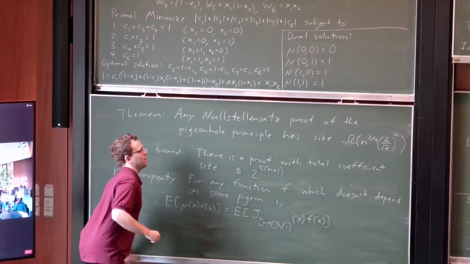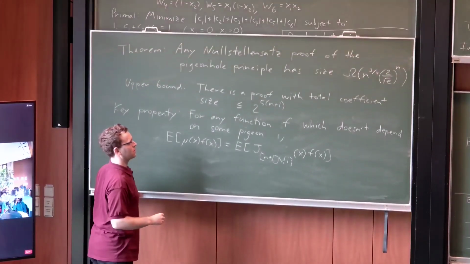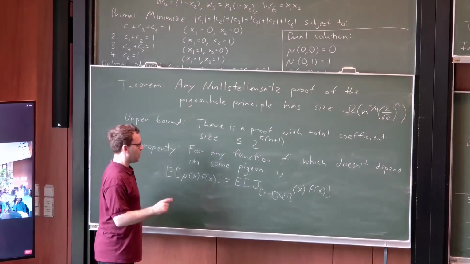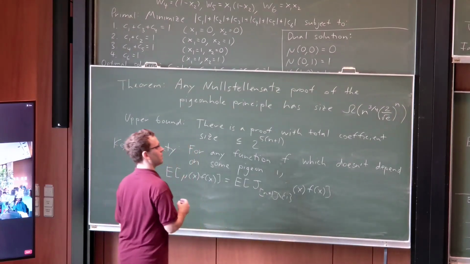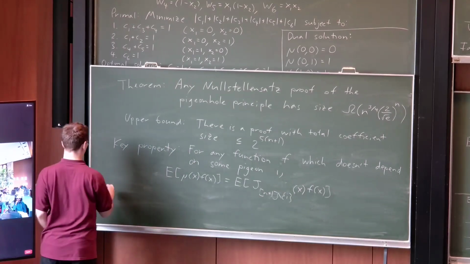Okay, yes, so here. What is J? It's the function of the mapping of pigeons from the middle board.